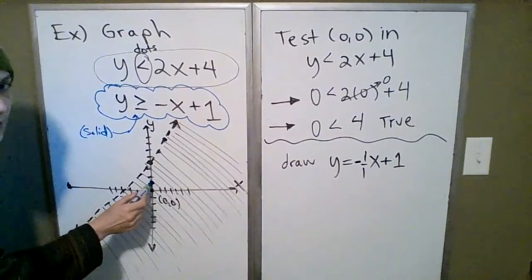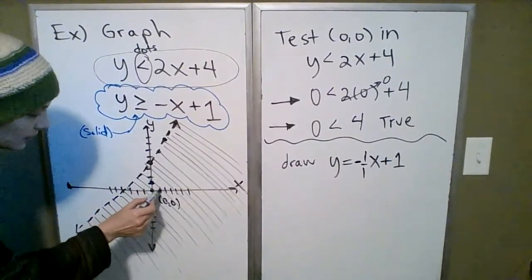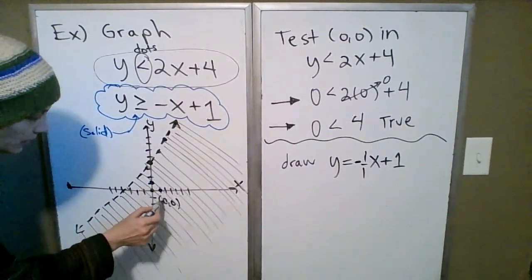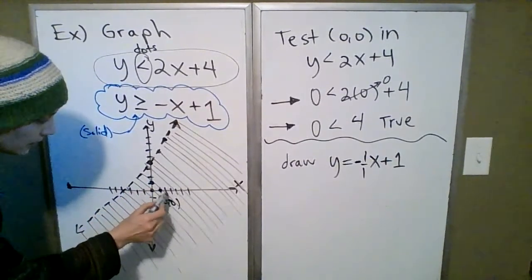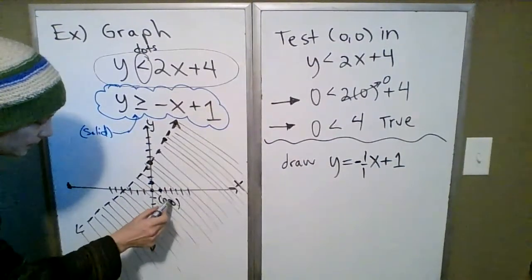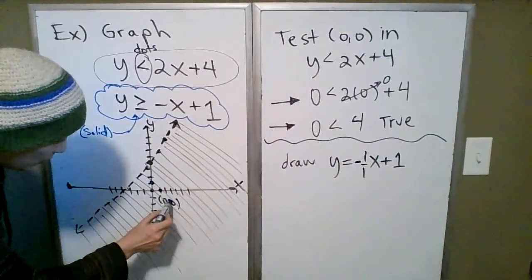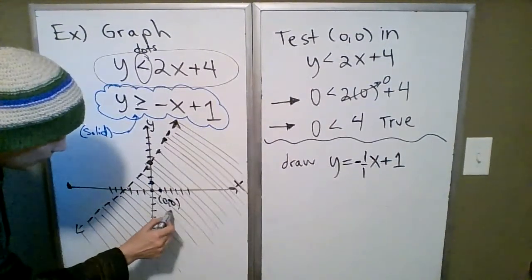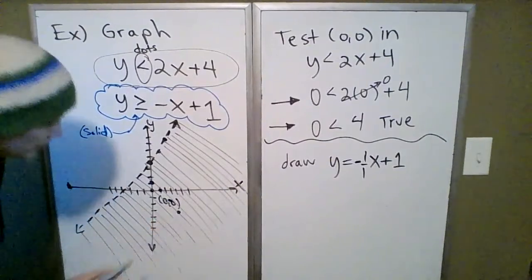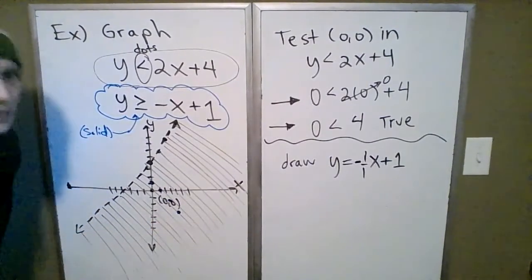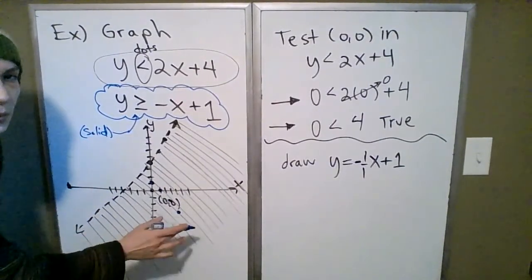It's down and then over to the right. And then down and over. Maybe one more. Down and over. And then connect those with the solid line.